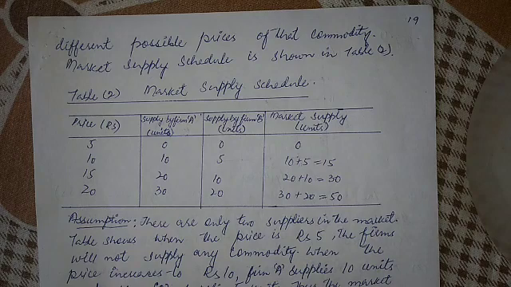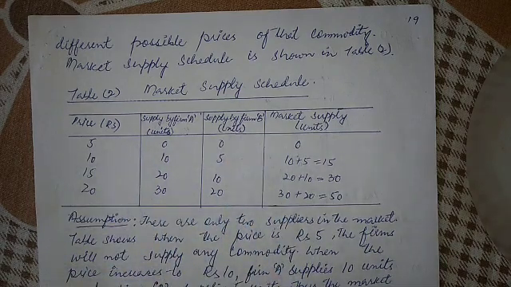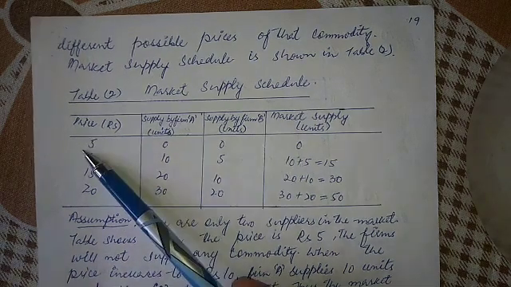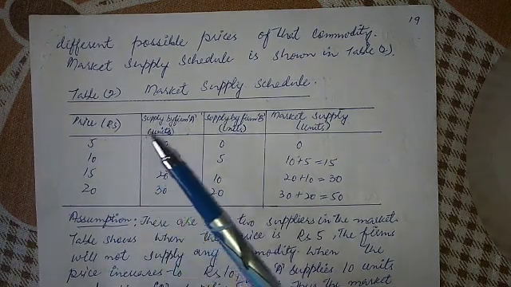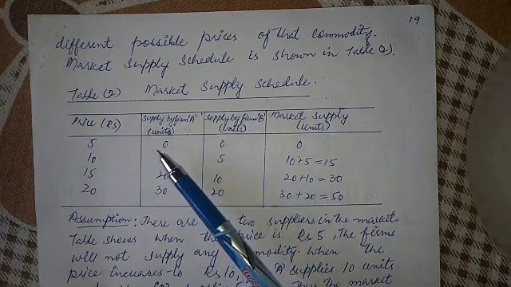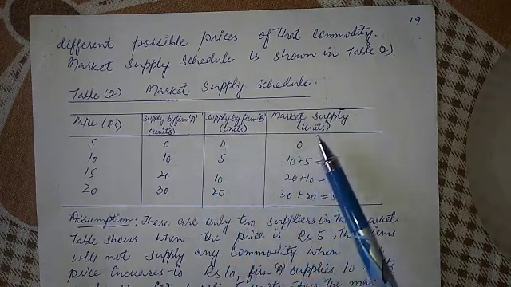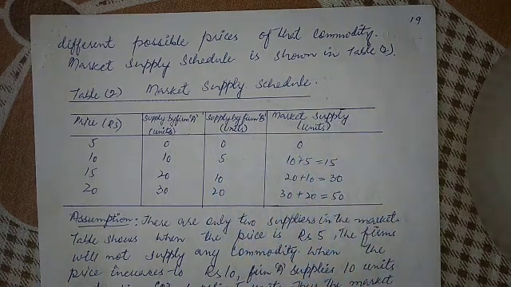Now see, this table shows that when the price of a commodity is rupees 5, the firms will not supply any quantity, neither firm A nor firm B. So market supply is 0.